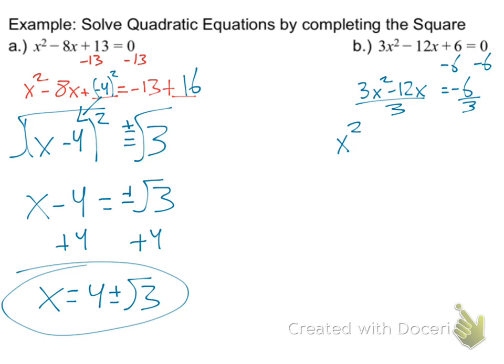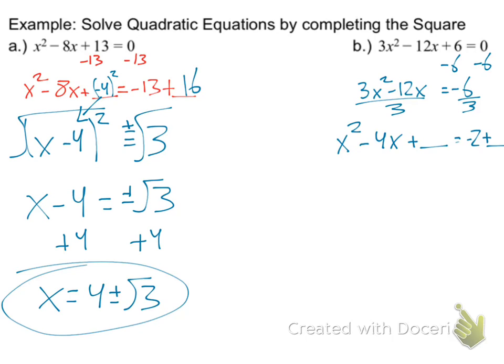So you should get x squared minus 4x plus something equals negative 2 plus something. Will this always end up giving you nice numbers when you divide by a? No. So sometimes you might have something like 5 halves in the middle for a b term.